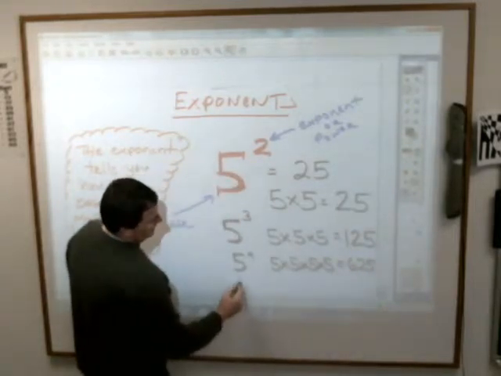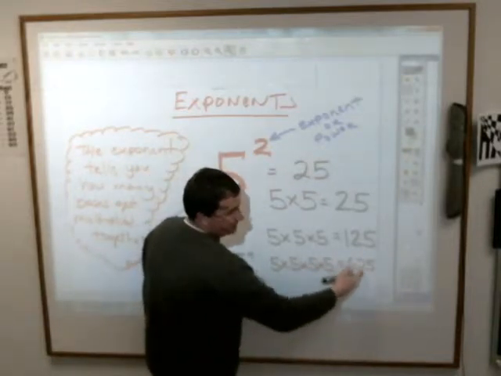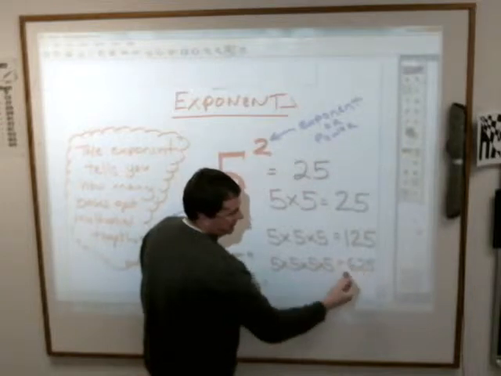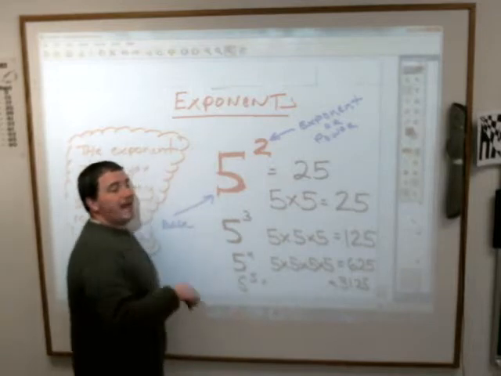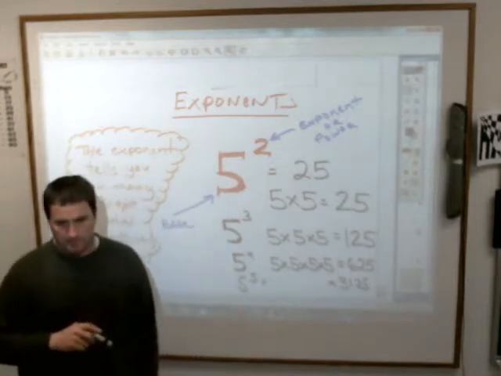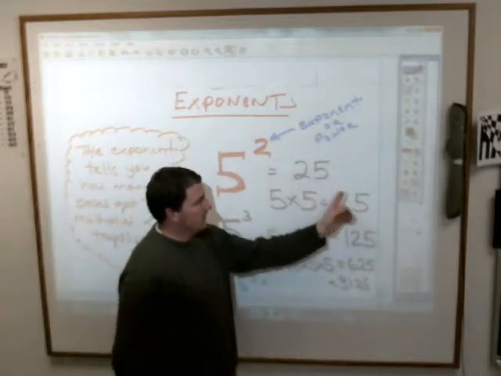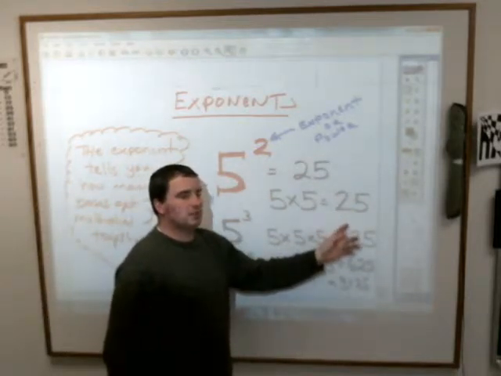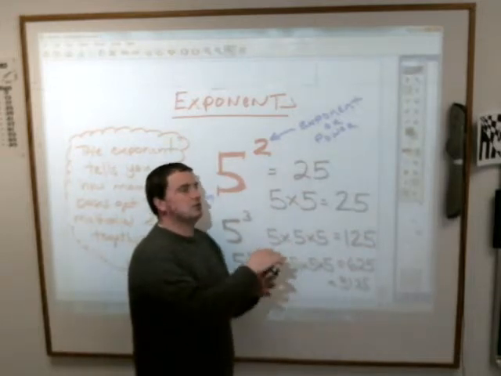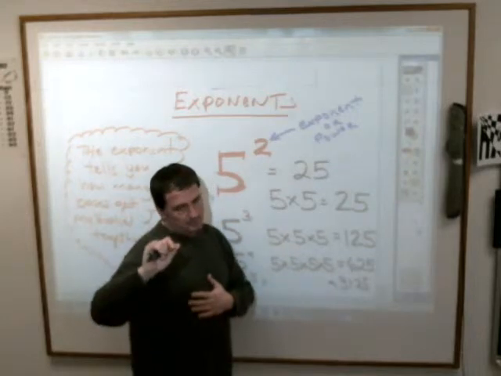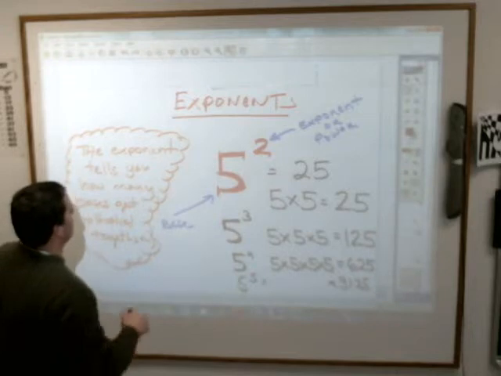If I actually did 5 to the fifth power, that's going to be one more 5 times this, which is going to actually be 3,125. And what exponential growth means is that it starts growing kind of slow at first, like to go from 25 to 125 wasn't a big jump. But as you start getting higher and higher exponents, it grows a lot faster. And that's what exponential growth means, but that's probably neither here nor there.